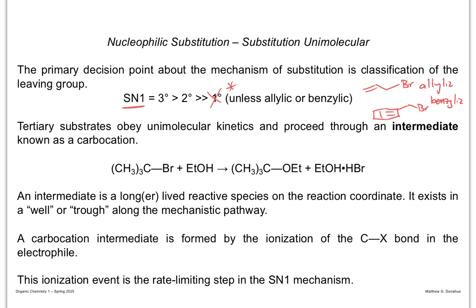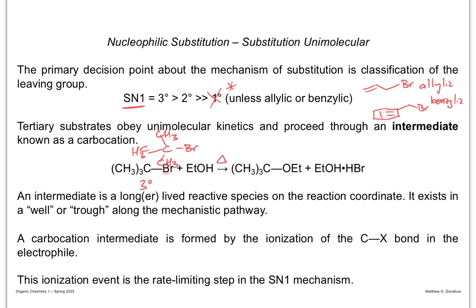So in the reaction in the middle of the slide, if I expand that substrate out, that's a tertiary bromide. So that's called tert-butyl bromide. If we take tert-butyl bromide, put it in ethanol, and typically we're adding some heat, what you see is a substitution.